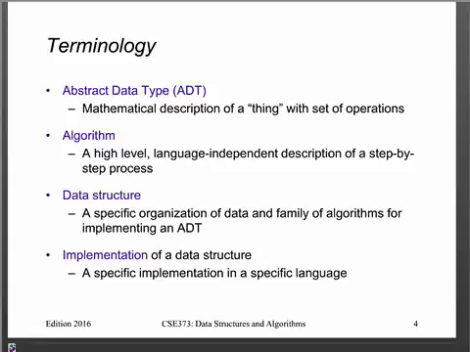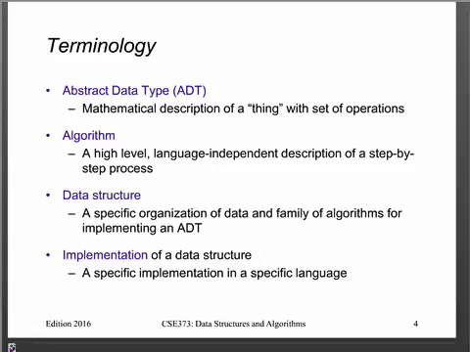Finally, we talk about implementation of a data structure, which is a specific way to implement the data structure inside the programming language. And so this implementation is another phase, and we could have more than one implementation for one given data structure.